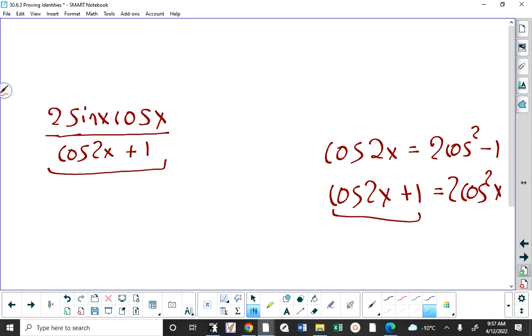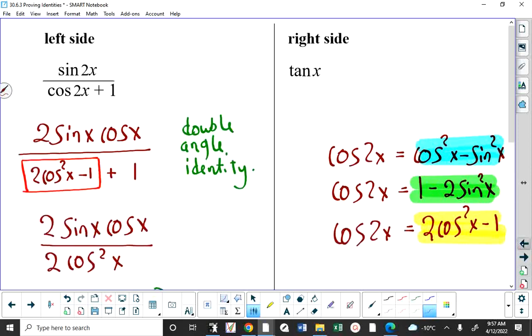But, and there's nothing wrong with it, it's not always a good move, because this number might be 4 next time. And you can't make that identity fit that unless you write it as cos of 2x plus 1 plus 3. But yeah, as long as you're following the rules of algebra and substitution is legit and rearranging is legit, it's good. Okay? We still have to do the non-permissible values.